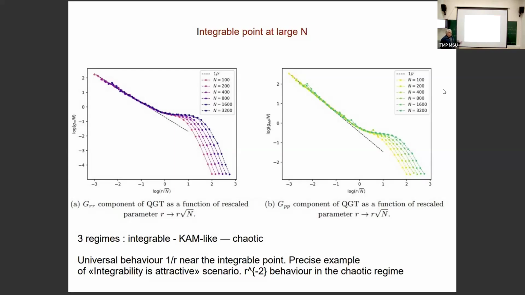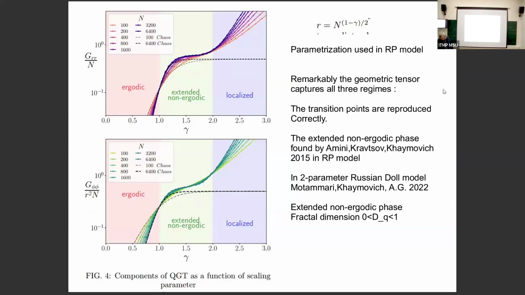So the question is, if there is some integrable regime, chaotic regime, or something in between. And indeed, in numerical simulation up to 6,000 for the size of the matrix, big sizes of the matrices, we could get indeed 3 different behaviors.